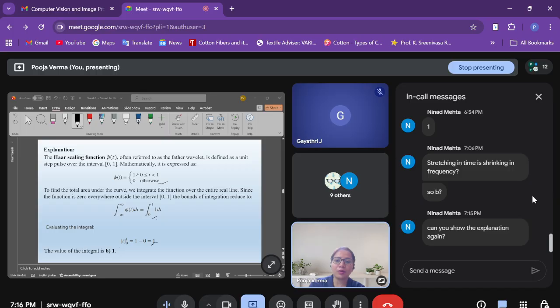To find the overall area under the given curve, the integral from minus infinity to infinity of phi t dt, between 0 and 1 the value is 1 and all other values are 0. So we are taking 0 to 1, value 1, dt. If you integrate it, you will get 1 only.